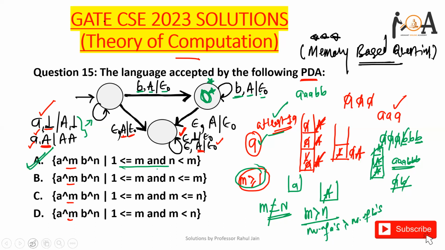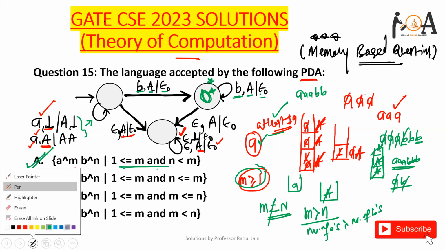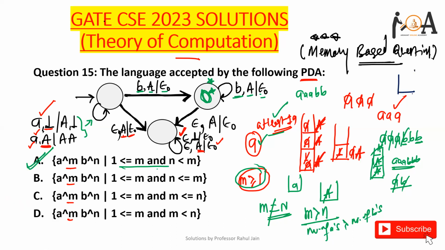So let's scan it quickly. Let's say this is our stack, and if we are having a string A, it can be replaced with capital A. If we are having small a, it can be replaced with capital A, and again if we are having A, we can replace it with A. If we are having B, we can empty it. If we are having B again, we can make it empty.